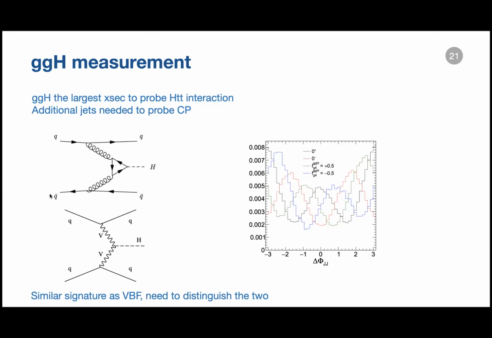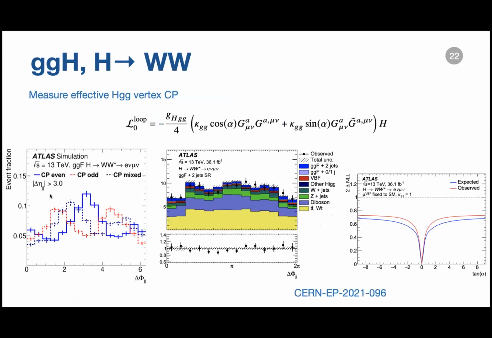Okay, so you can do that in the gamma gamma final state. Another thing, in the plot in this slide, we see that there is a difference in the delta phi JJ variable for the various hypotheses, but we have checked that these are mostly for the higher MJJ values or higher eta region for the two jets.